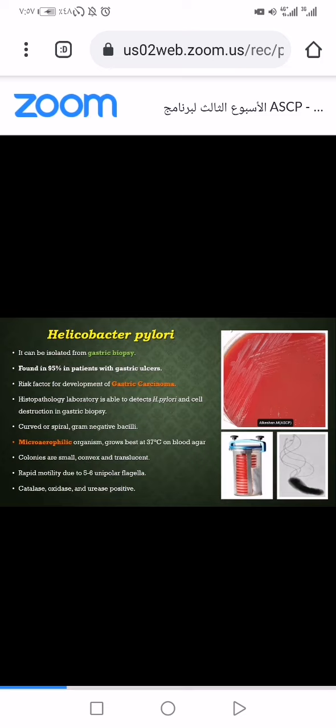Once the patient is taking a type of painkiller which affects the layers of the stomach, or drinks many things that increase the acidity of the stomach, it will take the opportunity and cause an infection.